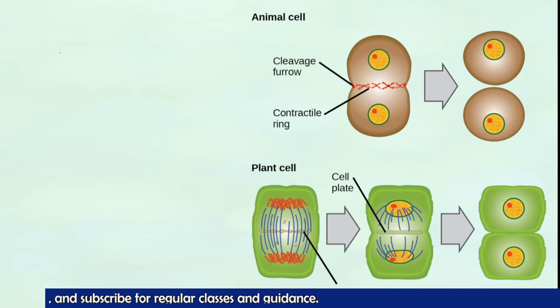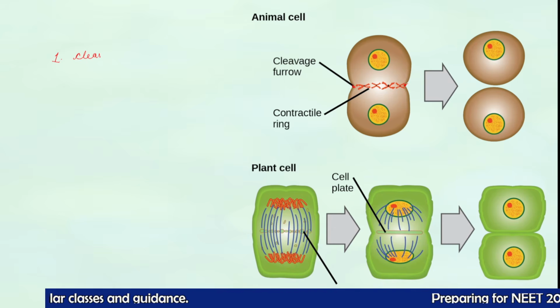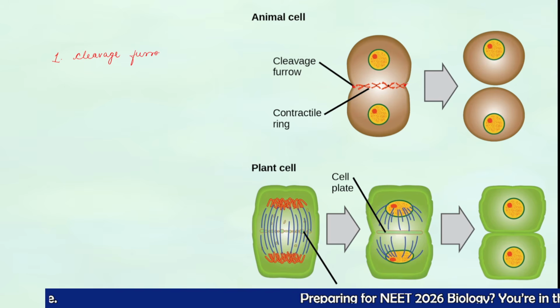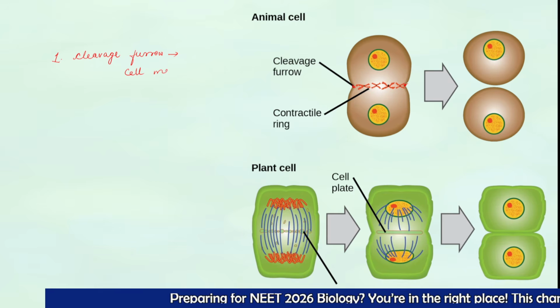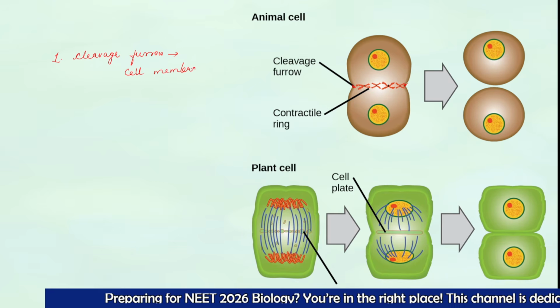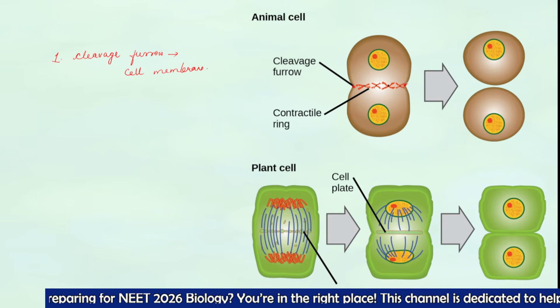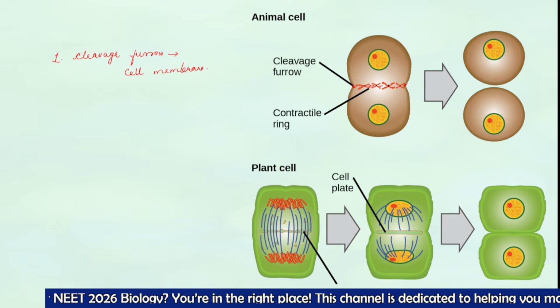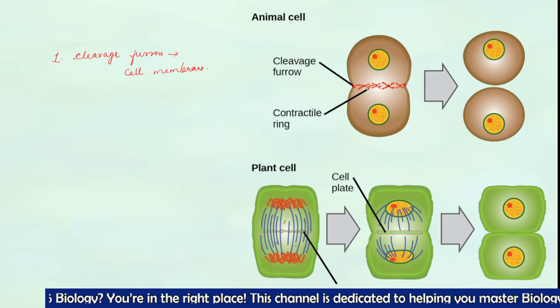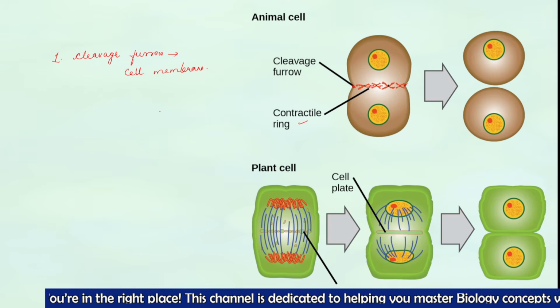In the animal cell, there is cleavage furrow formation taking place from the cell membrane. At the same time, at the center, small contractile rings will be formed.